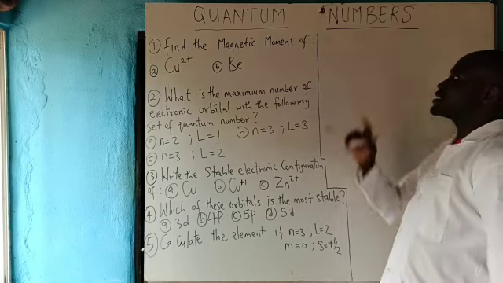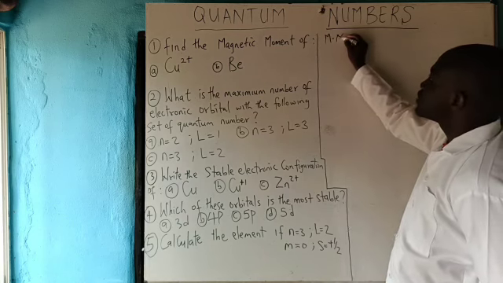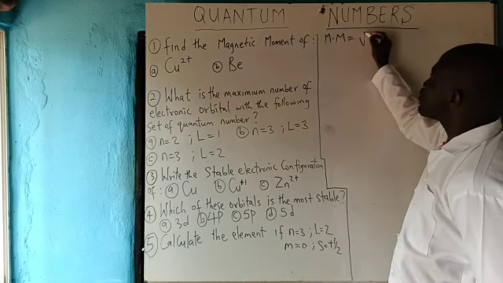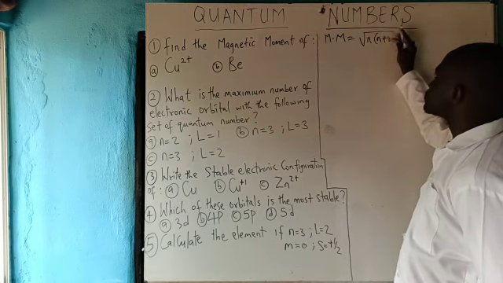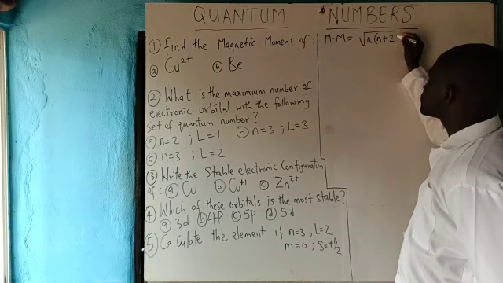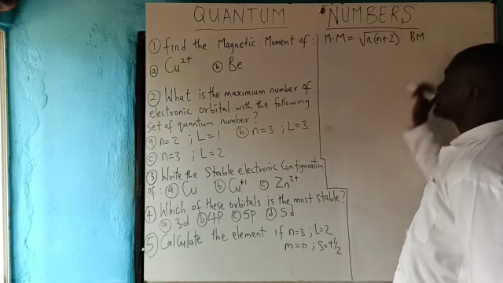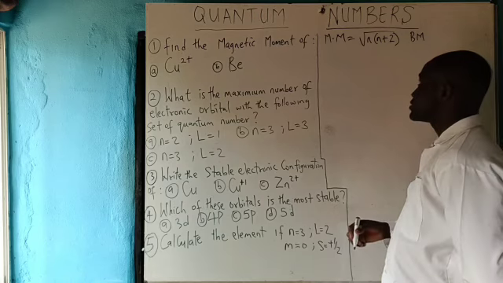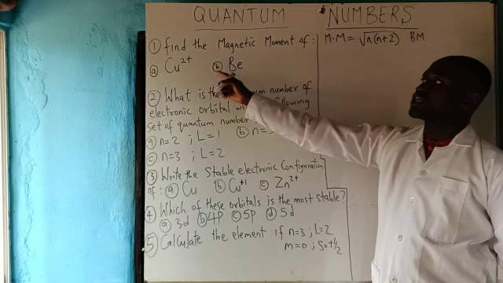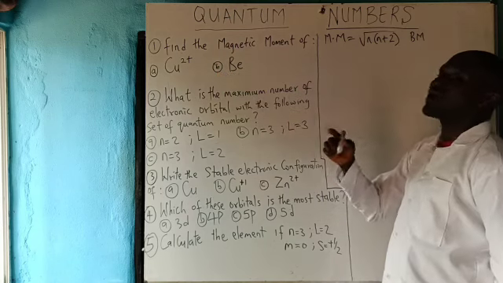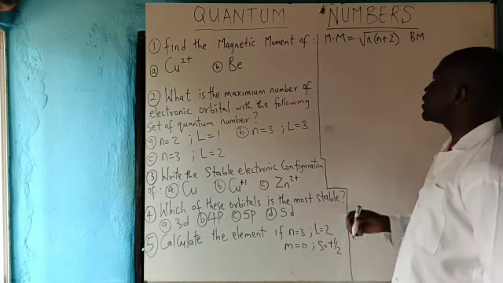To get the magnetic moment, we said that magnetic moment is equal to the square root of n bracket n plus 2, and the unit is Bohr magneton. So when you have the electron configuration of that element, then you can get the magnetic moment of it. Let's see what we mean.